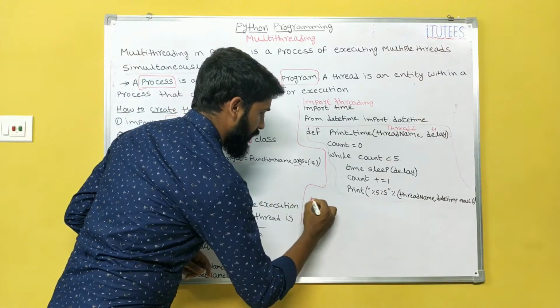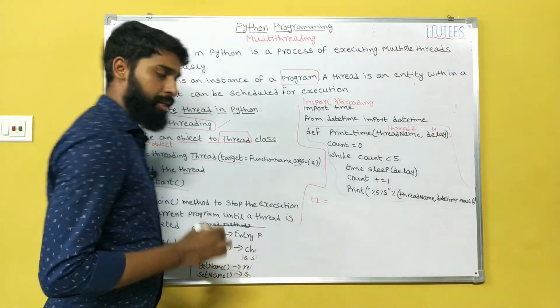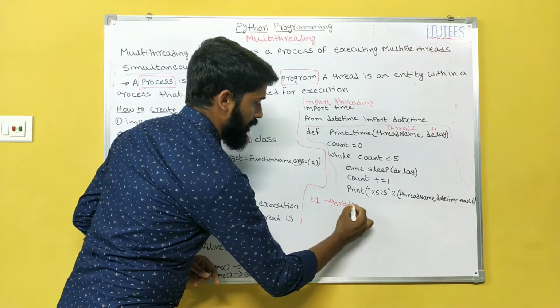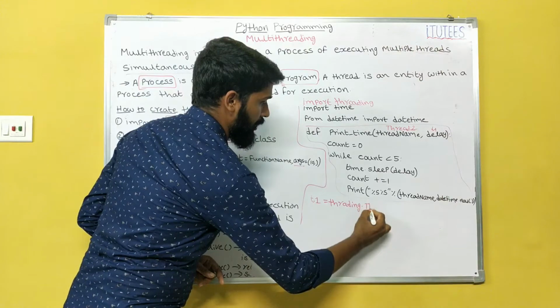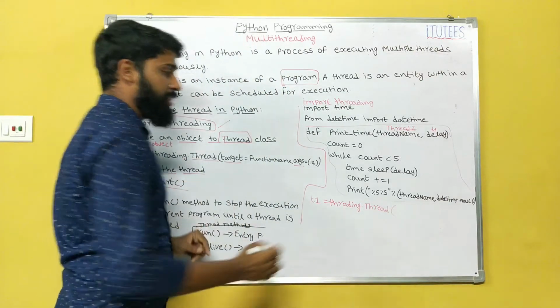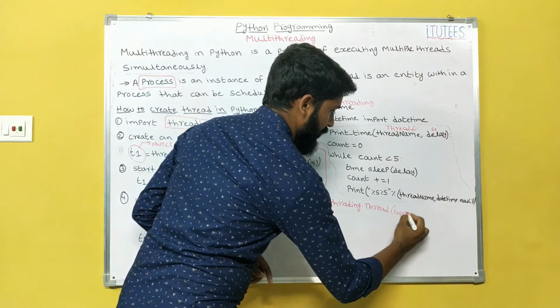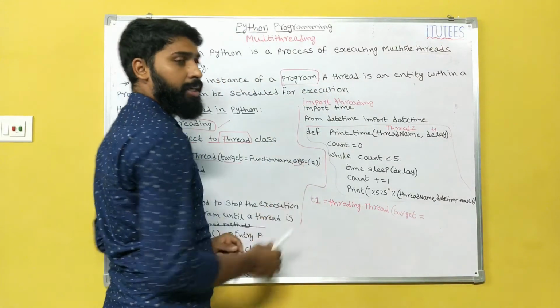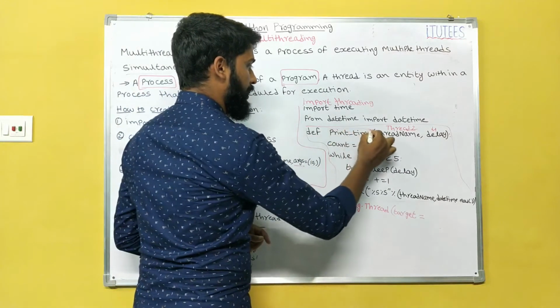For example, the first thread's name is T1 equals threading.Thread. What are the arguments? The first one is target. Target equals, so what is the target? This is the function name.